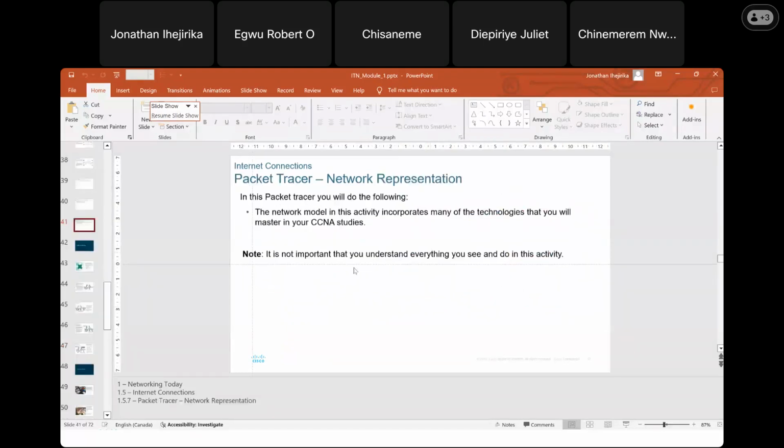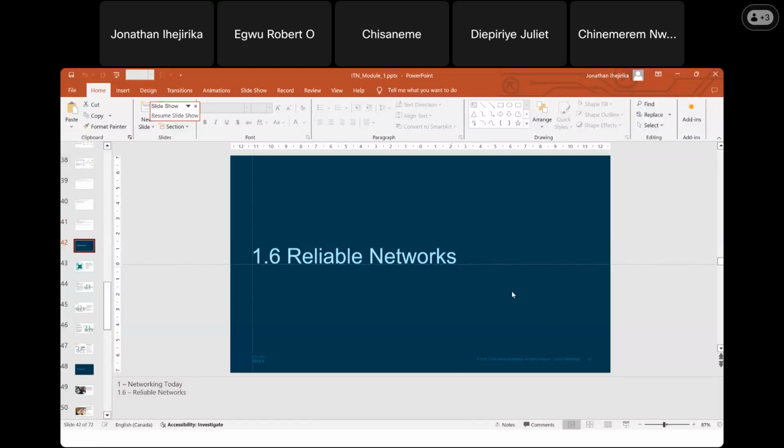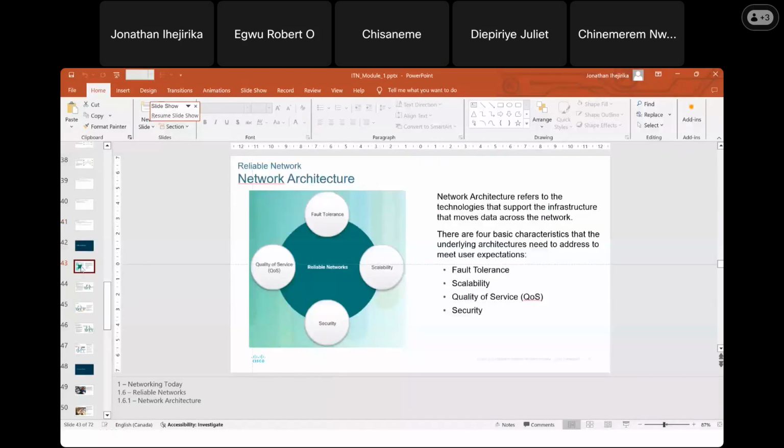All right, reliable networks. How can we say that our networks are reliable? There are things that are put in place for us to know that our networks are reliable.